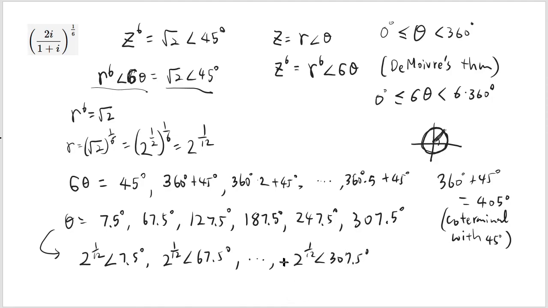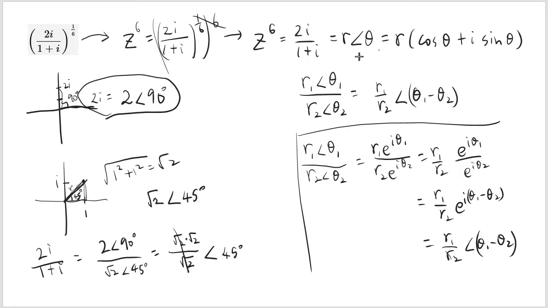Okay, so these are the answers, and since I don't want to put all of these into the calculator, we use the identity that I talked about. You can use this formula to find the rectangular form. If you know the polar form, you can use this formula to convert to rectangular form.